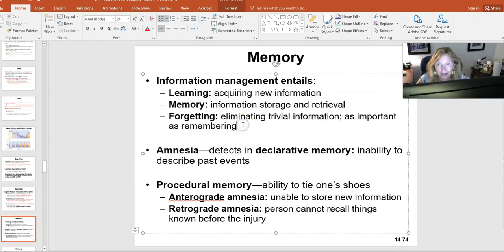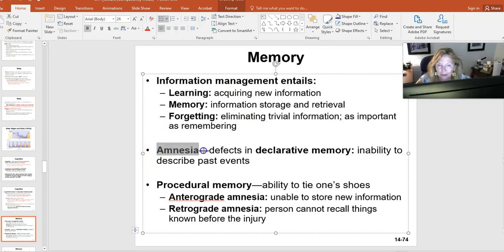So you may be thinking that it would be nice to have photographic memories where you can remember everything that you've ever seen or heard, but that's not really true. It actually can lead to learning disabilities. So all of these things are important to manage.